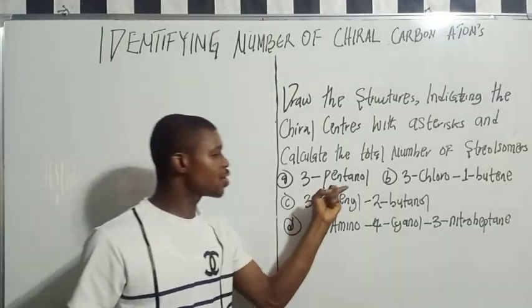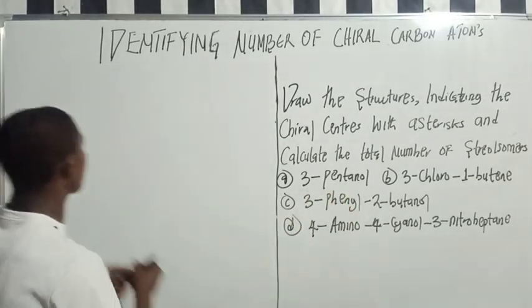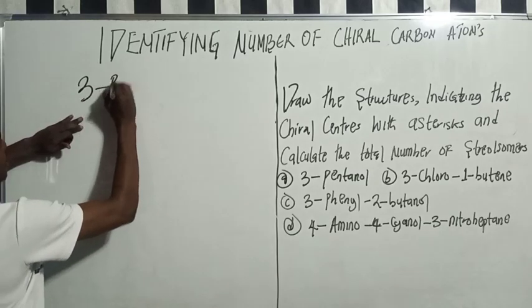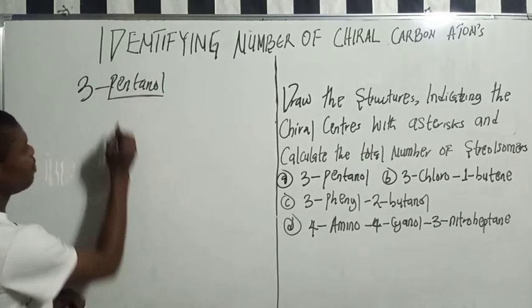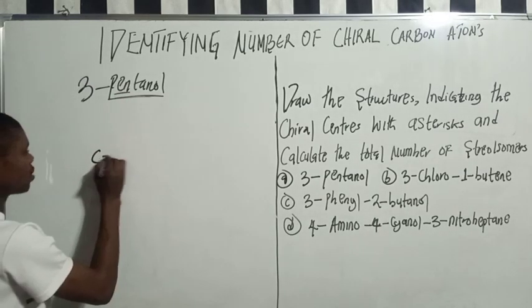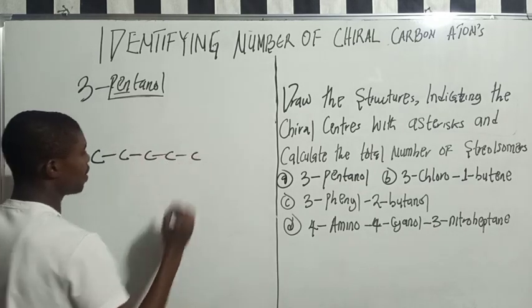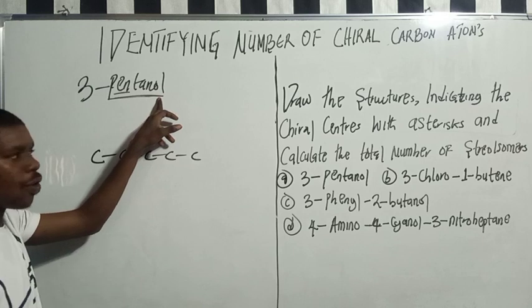So here we have 3-pentanol. Therefore, let's draw 3-pentanol. Pent means 5 carbon atoms: 1, 2, 3, 4, 5. And ol means it is an alcohol.